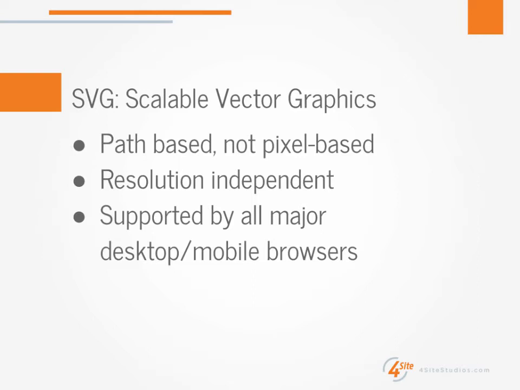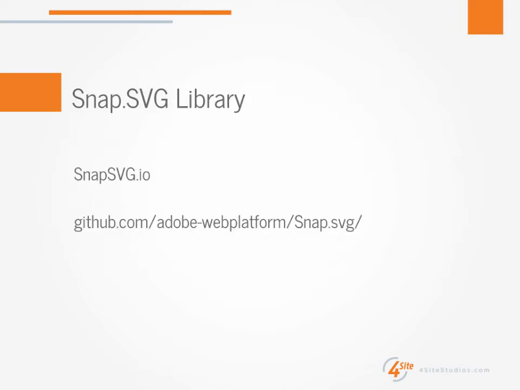So we had SVGs. We couldn't really manipulate them with Raphael. But then a year and a half or so ago, a new library came out called Snap.svg. Started at Adobe, and it's written from scratch by the original author of Raphael. It's available under an Apache 2.0 license, and it's basically the successor to Raphael.